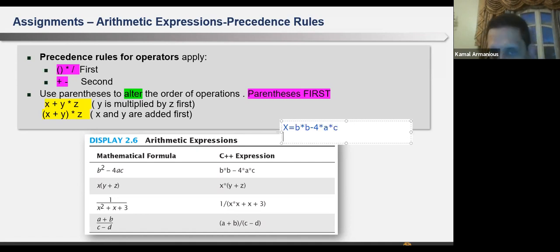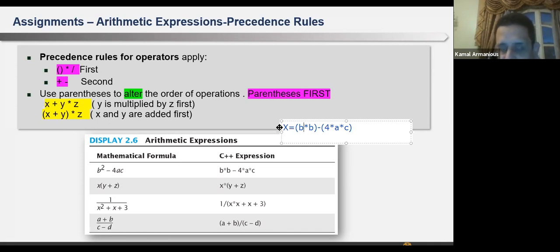So basically, how does it go? If you have parentheses, then parentheses come first. Then multiplication and division, and then plus and minus.